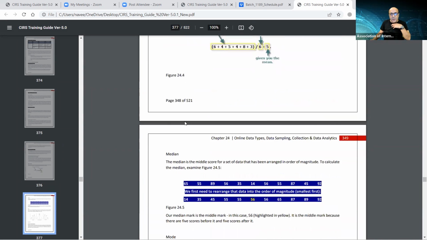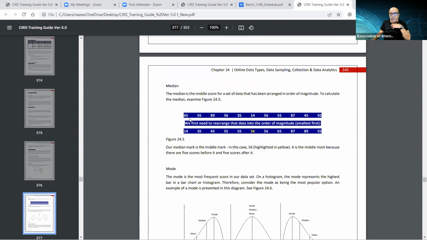Median is used when you have randomized numbers that have no sequence, in an unstructured format. We have to put them in a better way to make them visible as if they have some sort of order.